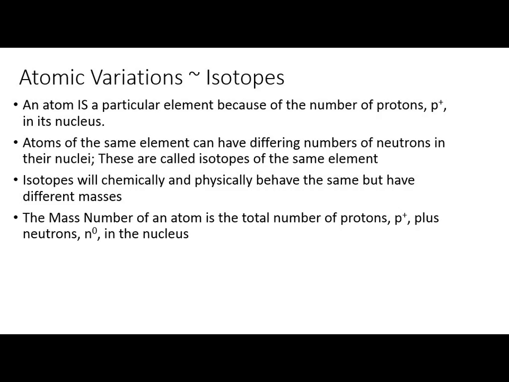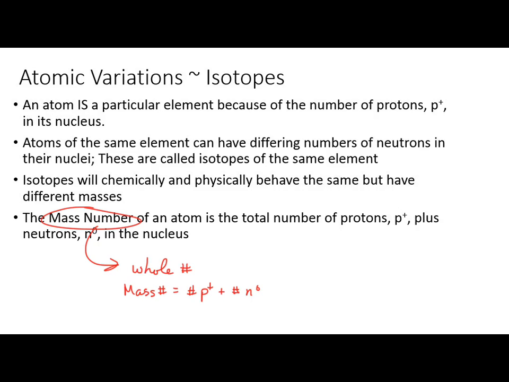Sometimes I write it as a little equation, and sometimes I even get out my calculator. Mass number has to be a whole number. Mass number is equal to the number of protons, which has to be specific for a specific element, plus the number of neutrons.